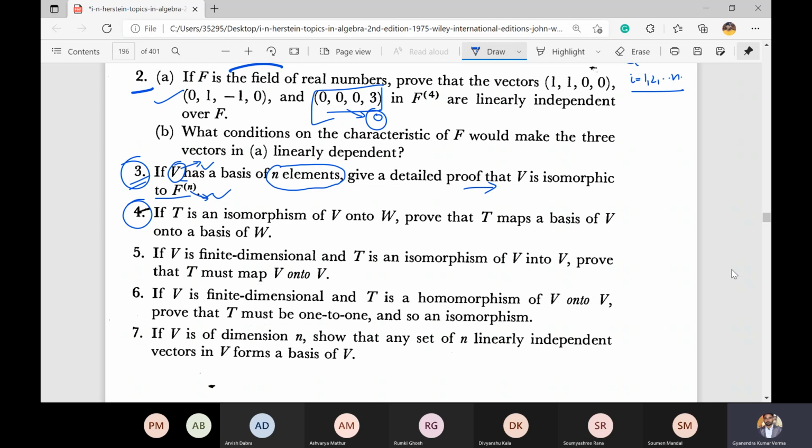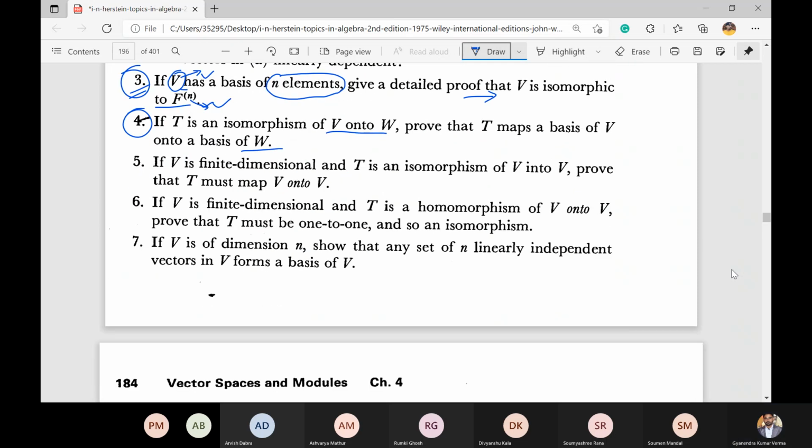If T is an isomorphism of V onto W, prove that T maps a basis of V onto a basis of W. Okay. So it's saying that T from V to W is an isomorphism, and you have to show that it maps basis to basis. Okay.